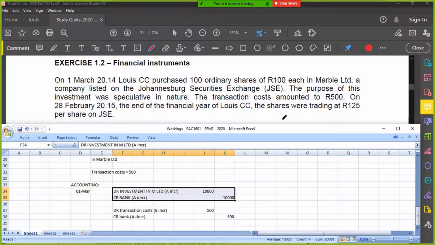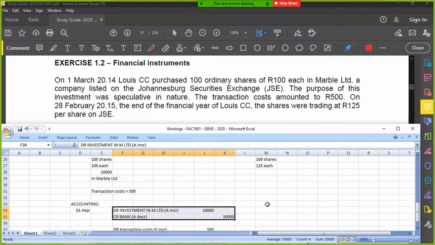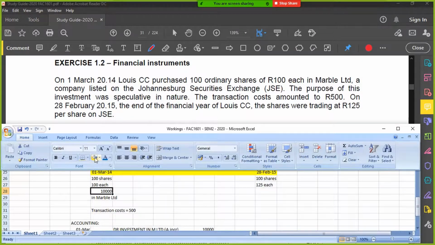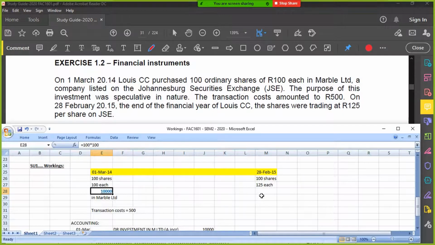Right, what else do I have? I've got 125 per share at that point in time. Right, so the value here was 10,000. Do you see that? Has the value increased? Yes, 100 times 125.